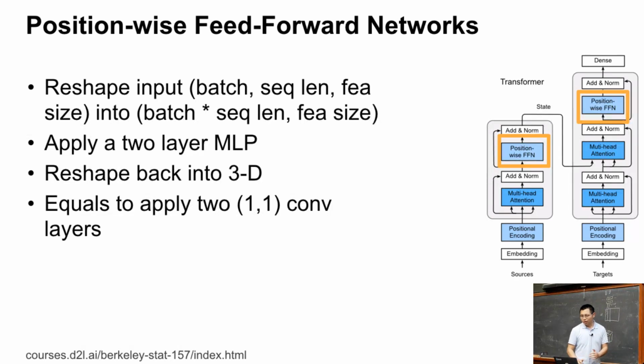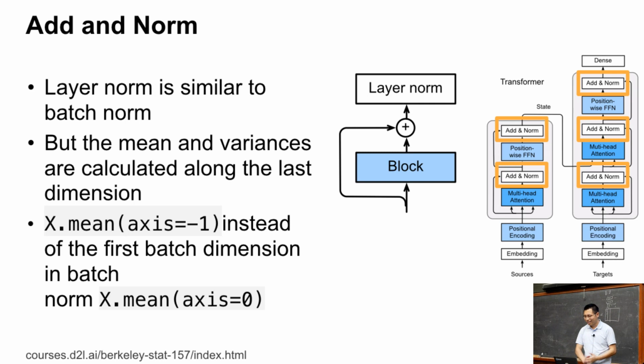Again, this one will not give you any time information because for each time we just run in parallel. So this network doesn't preserve any time. Remember that we have 2 position-wise FFN in the model. Another one is called add and norm.